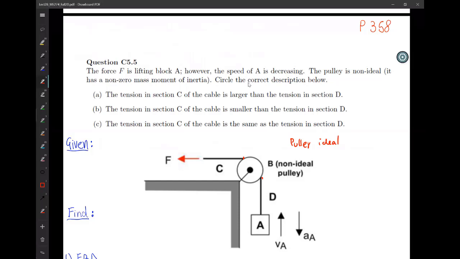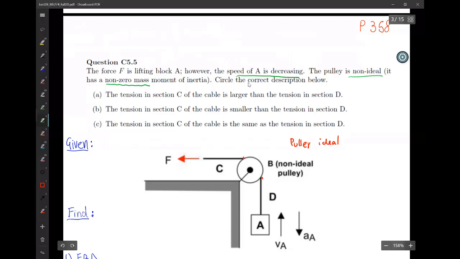In here we have a block that has been lifted with a decreasing speed. If the speed is decreasing, the acceleration is negative. So the pulley is now non-ideal, and we need to have open eyes now, because it's going to be different from an ideal pulley.